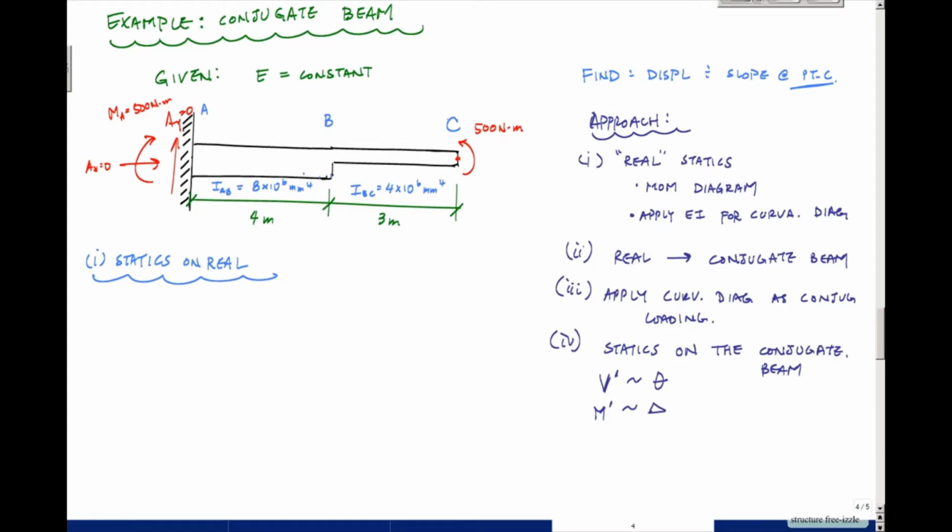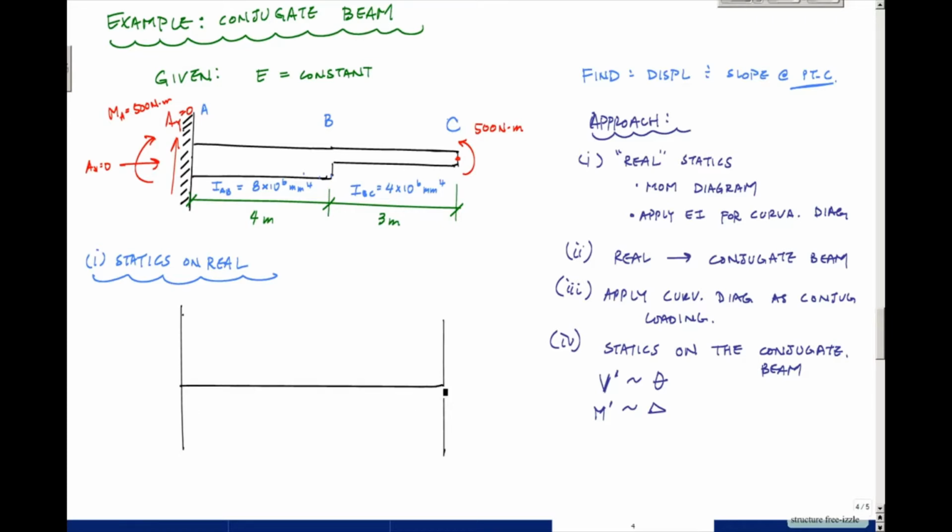The next part to do is the moment diagram, and the moment diagram here is also pretty straightforward. Let me draw an axis here like this, and give it some length, up to about here.